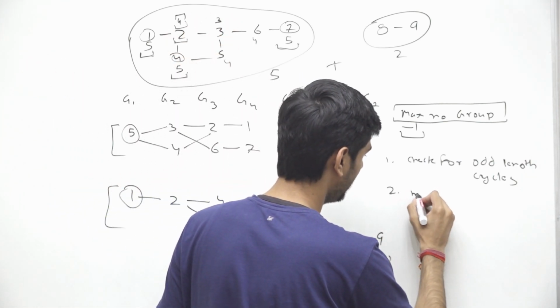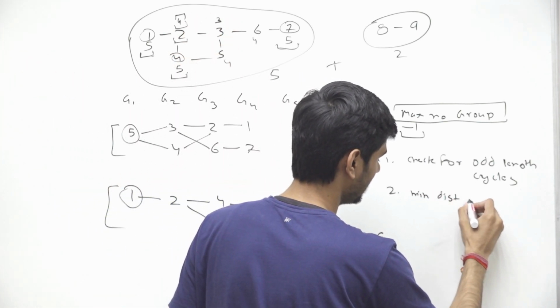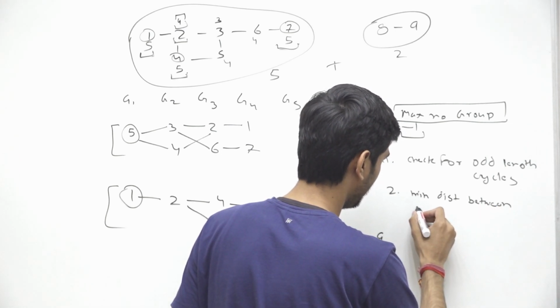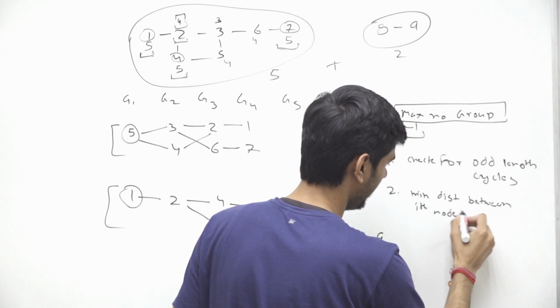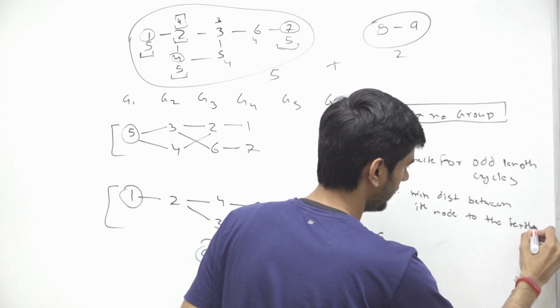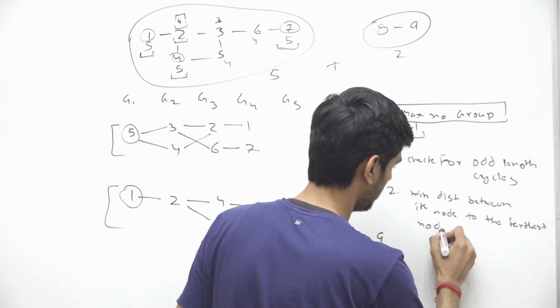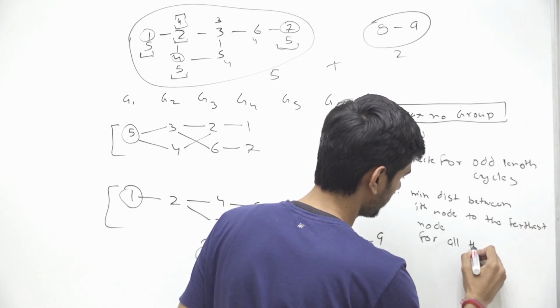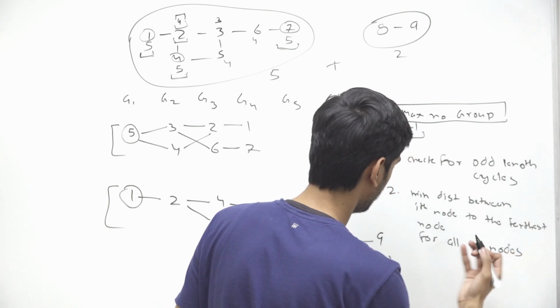So we need to find out the minimum distance between the ith node to the farthest node, for all the nodes.